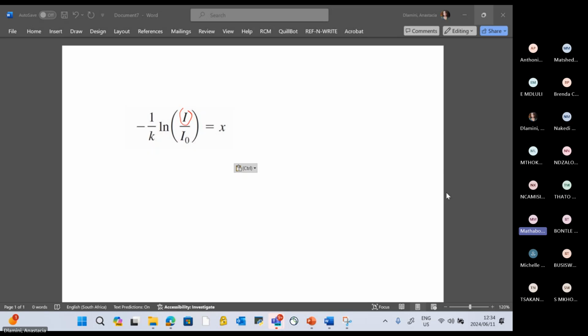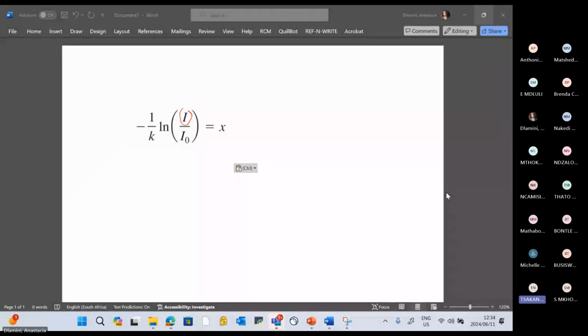I was thinking about the property. You know how the properties work, if you multiply, you can add them together. So that's why I separated ln of I0 and I. So that I'm going to get the ln of 1 over I0 plus the ln of I. Do you feel me?